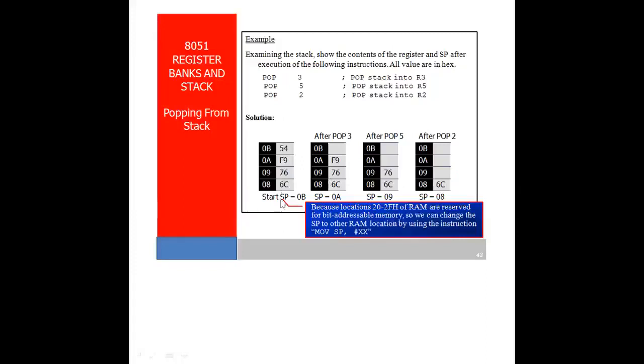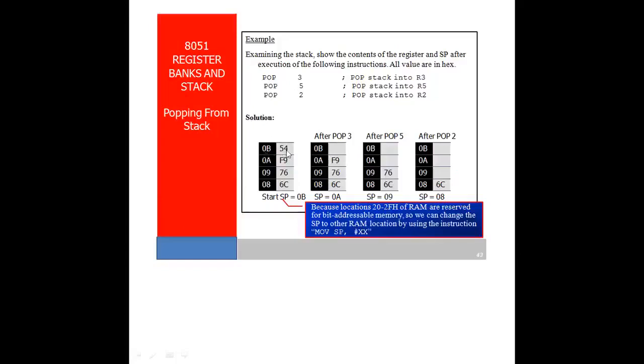So now let us check what they are. Say in this example, the stack pointer is 0B, because the stack location is indicated by the stack pointer. Now the stack pointer is indicating location 0B, where the value 54 was stored. Okay. So after execution of the pop instruction, pop 3 means the top of the stack location will be retrieved first.